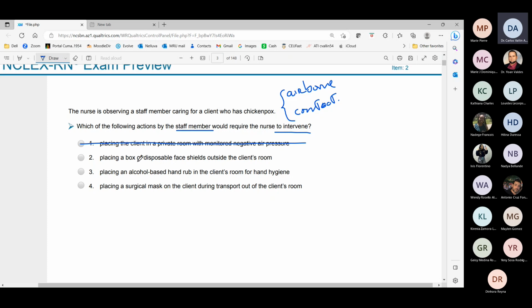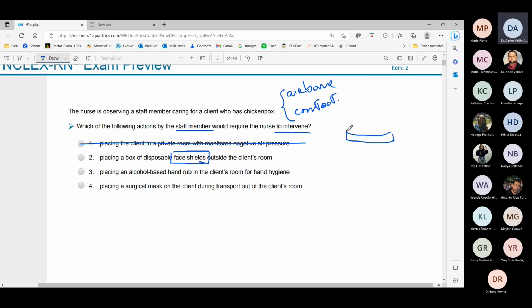Placing a box of disposable face shields outside the client's room. Okay, we need to understand the meaning of the words. They are saying face shield, so we need to know what a face shield is. If you've never seen a face shield, you need to Google that. It is a plastic barrier, a personal protective equipment.